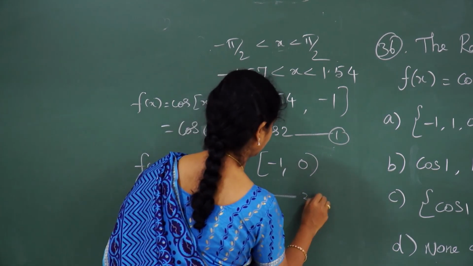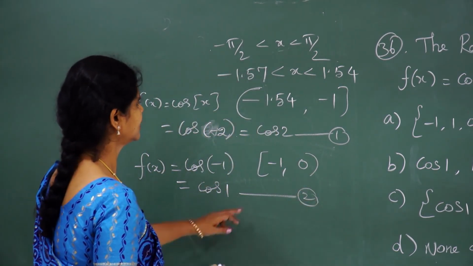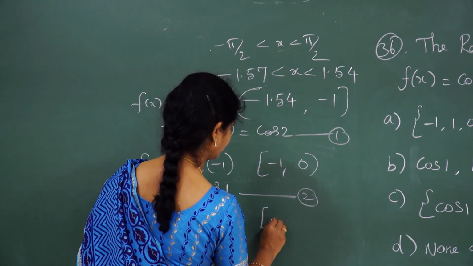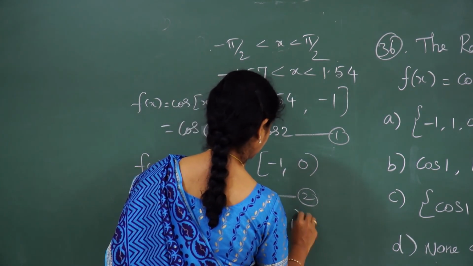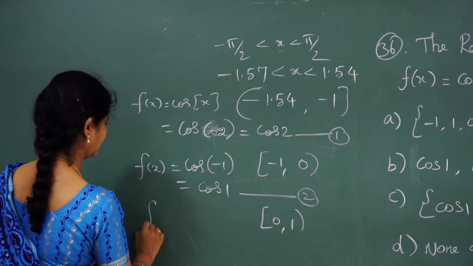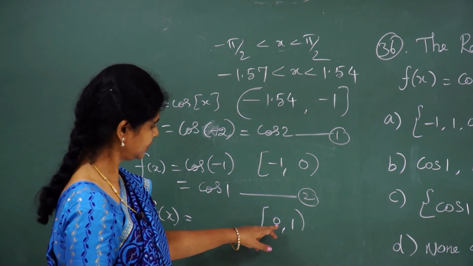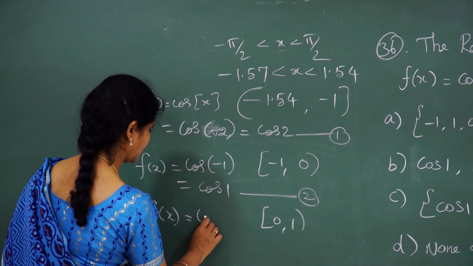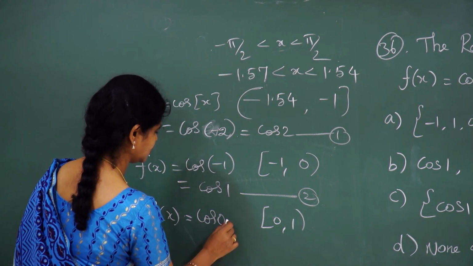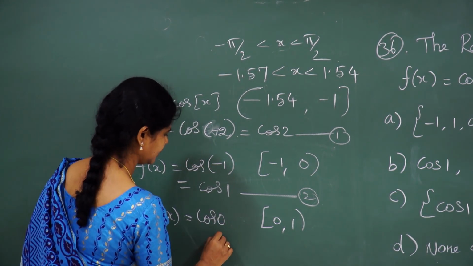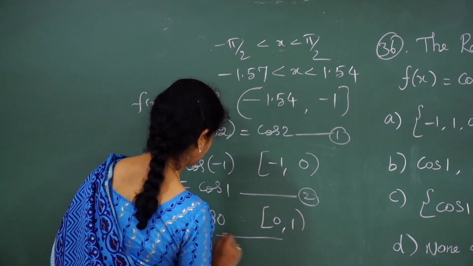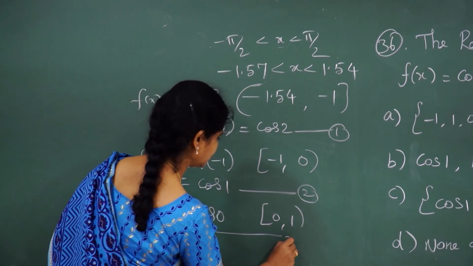So you mark this as number 2. Next interval you take 0 to 1. Okay. 0 to 1, what is your f of x? f of x equal to cos of the greatest integer value of the variable, which is 0. So cos 0. Okay. Cos 0 is 1. So you take this as number 3.